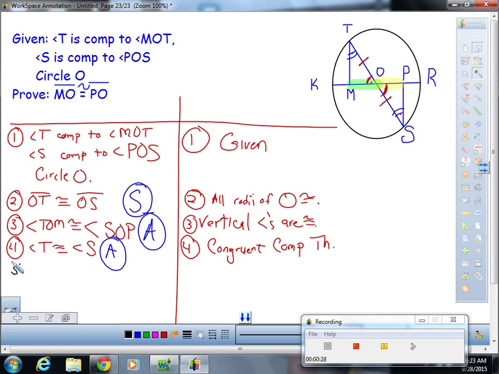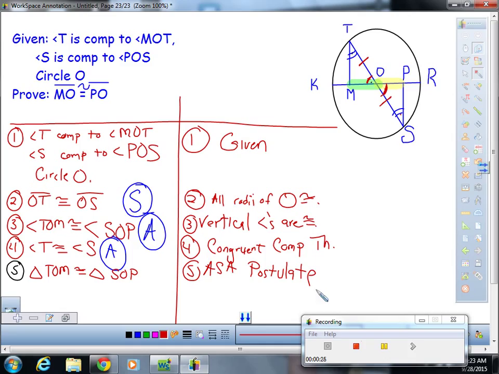So now I can say that triangle TOM is congruent to triangle SOP. Now I got to make sure I write this down in order. TOM, SOP, and my reason is the ASA postulate. Okay?